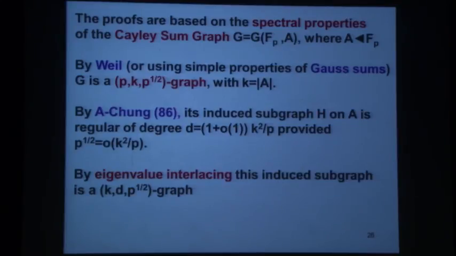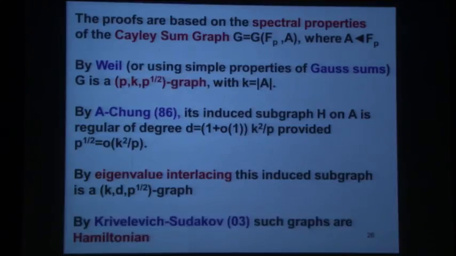So this is also a graph in which the second largest eigenvalue in absolute value is only p to the 1/2. Now the degree of regularity is d, which is roughly k squared over p, and the number of vertices now is k. With our choice of the parameters, k was a bit more than p to the 3/4, so still the degree d, k squared over p, is significantly bigger than p to the 1/2, even in this graph.